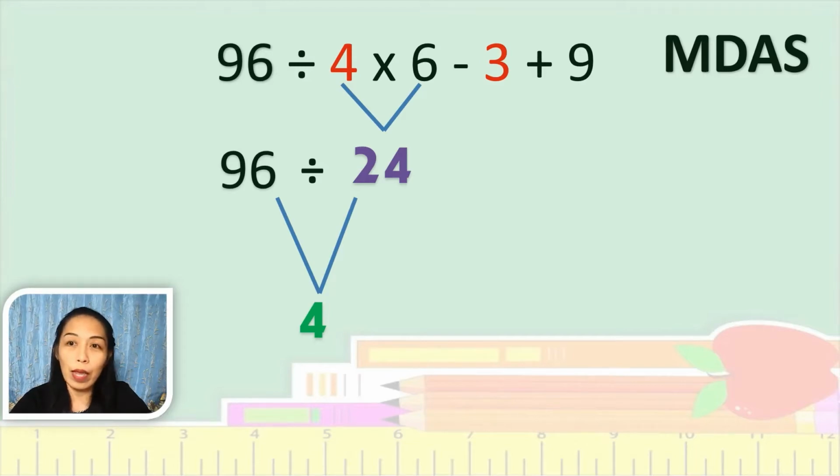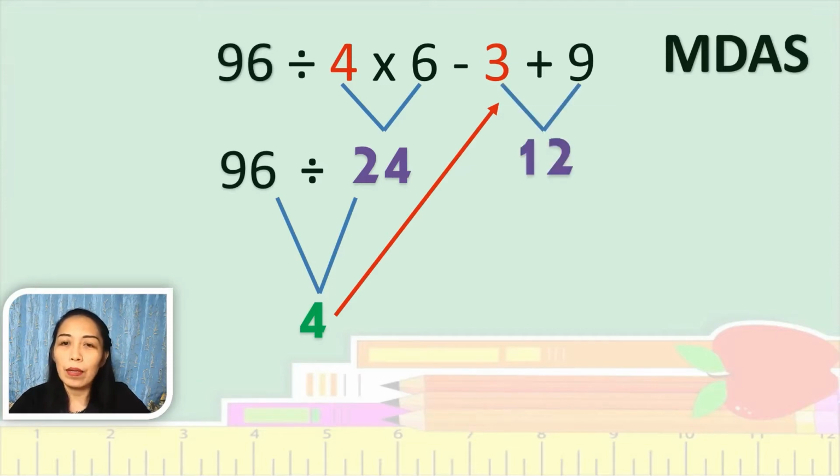We're done with M because we already multiplied 4 by 6, and we are done with D because we already divided 96 by 24. And the next one is addition because we are following strictly MDAS. So what are we going to add? Let us add 3 plus 9, and that will give us 12.